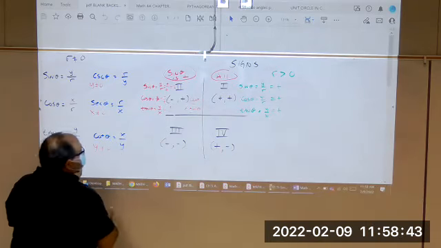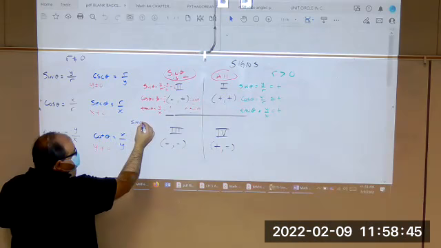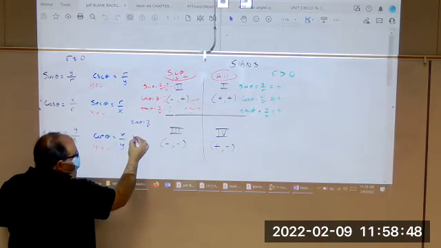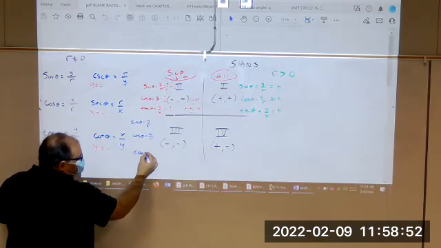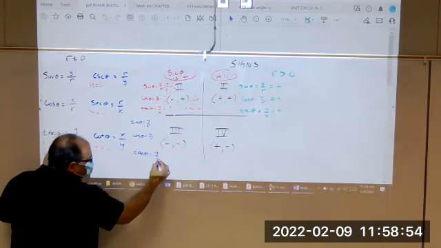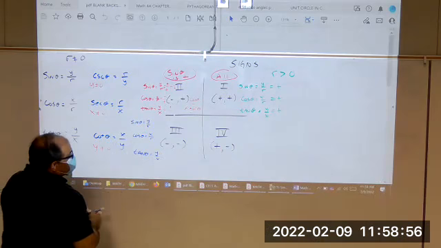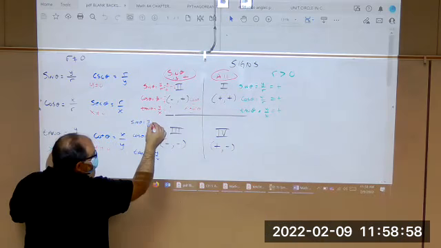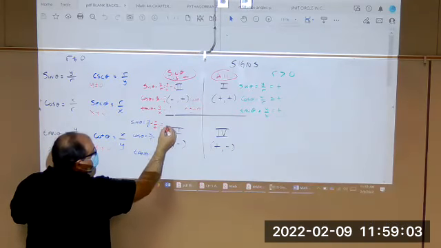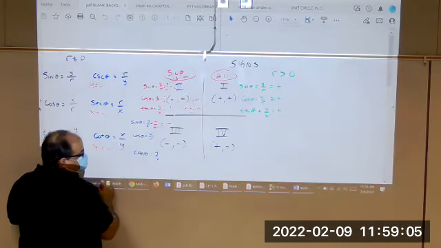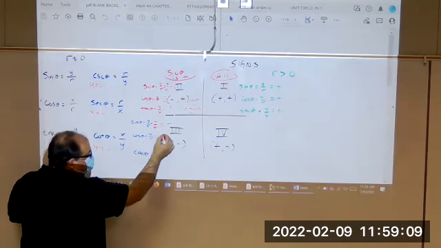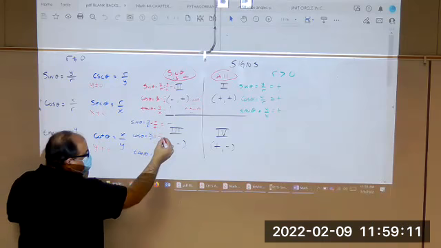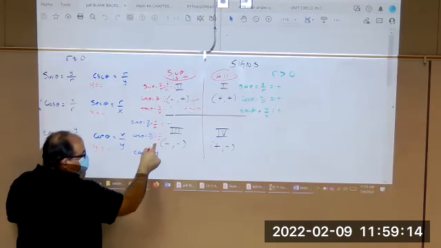In quadrant 3. Sine, y is negative, but the radius is positive. A negative over a positive, sine would be negative. Cosine is the x coordinate, a negative, divided by the radius, which is always positive, a negative over a positive.